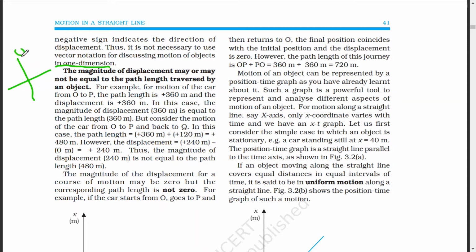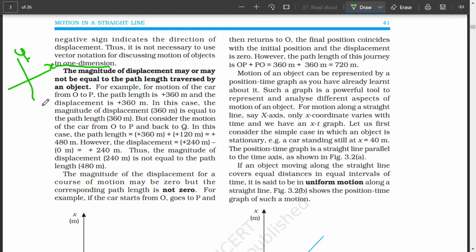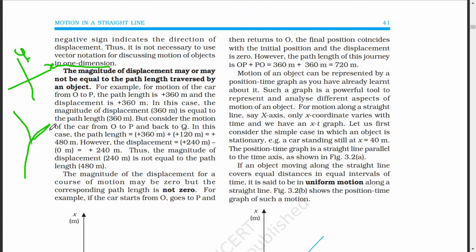This is the y coordinate, this is the x coordinate. In this case you can't just take positive and negative; we need some additional quantity to represent where the body is moving. Is it moving on the x axis or y axis? When we come to three dimensions, then the z axis also comes. This is x, this is y, this is z. So the z axis is called vertically upwards or vertically downwards, right?